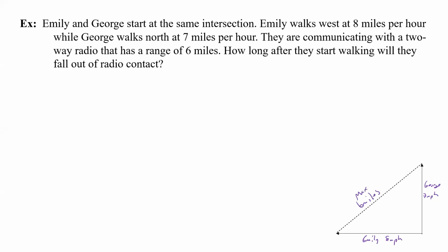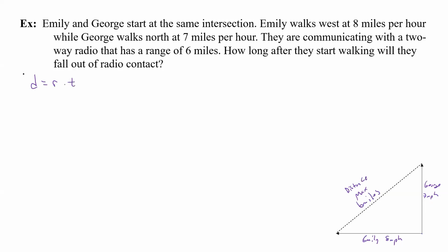So now what do we need to do? Well, that's distance, okay? So distance max is 6 miles. George is walking this way, Emily's walking this way. And so to be able to use a triangle, this is a distance, this is a rate, this is a rate. So that means we have to figure out a time. And that's what they're asking for. How long after they start walking will they fall out of radio contact? And so if we think about it, the distance is equal to the rate times the time.